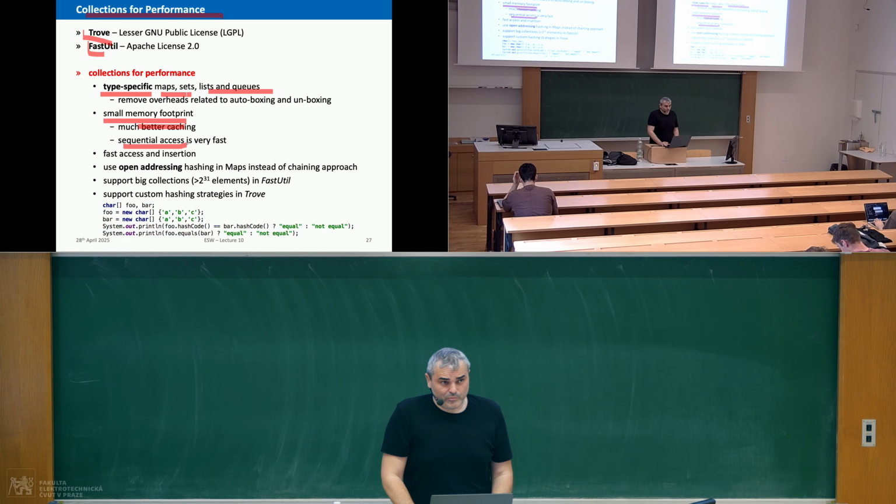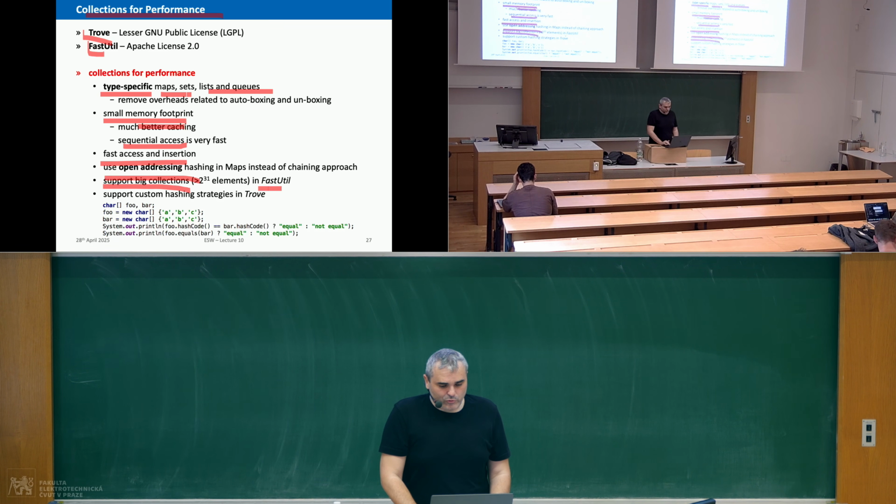Those are stored by the allocation time, and that could be really scattered over the whole memory. So in this case, it's really in sequence, and all that data locality I've mentioned applies here because you preload automatically 64 bytes of the cache line size. So all those numbers are already available. So it has fast access and insertion. In case of maps, it's using an open addressing mechanism. I will talk about that on the next slide.